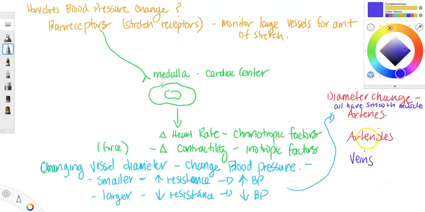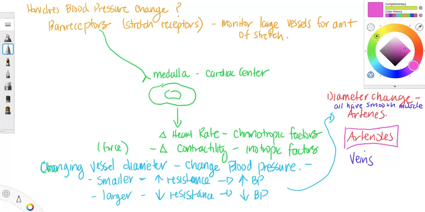But it turns out that arterioles have the most effect on blood pressure. So arterioles, they vasoconstrict and vasodilate depending on the demand of the tissues.